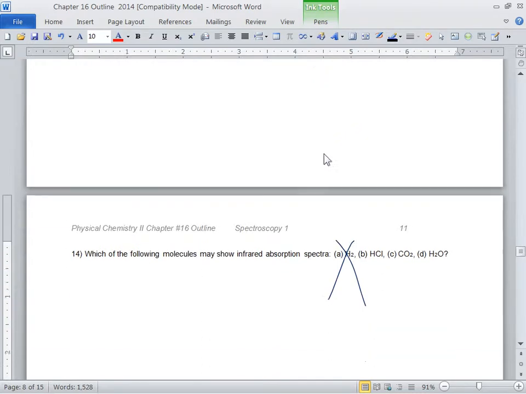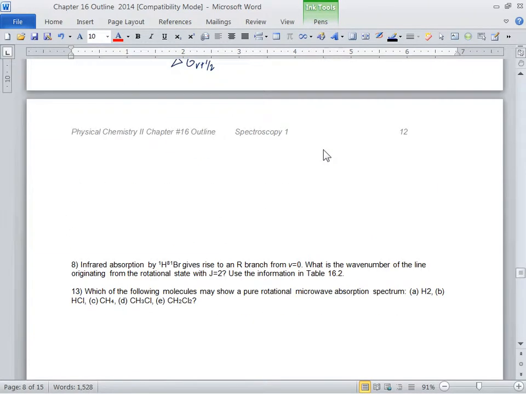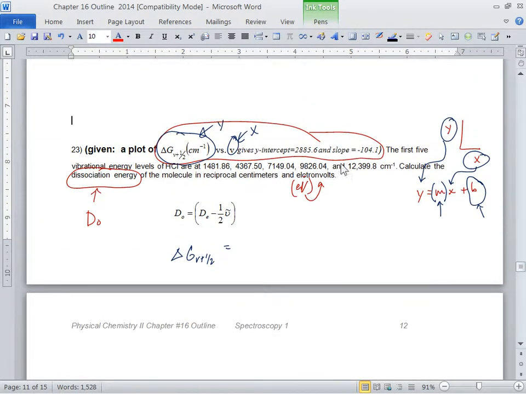They gave it to you assuming that you're going to figure it out. They said the first 5 vibrational energy levels. So from v equals 0 to v equals 1, v equals 1 to v equals 2, v equals 2 to v equals 3. So they figured all those out.